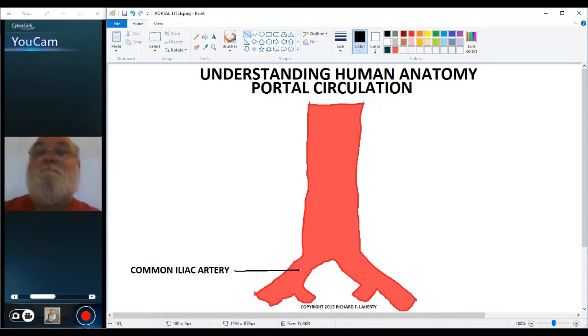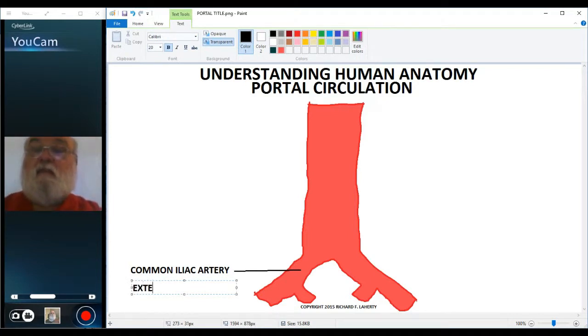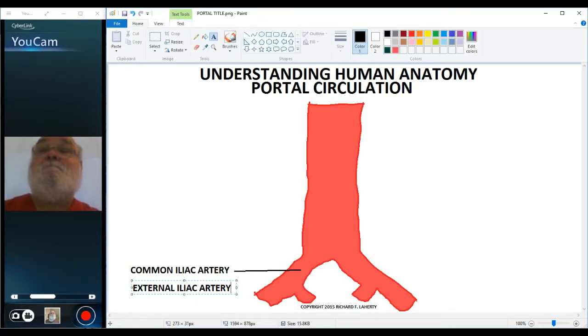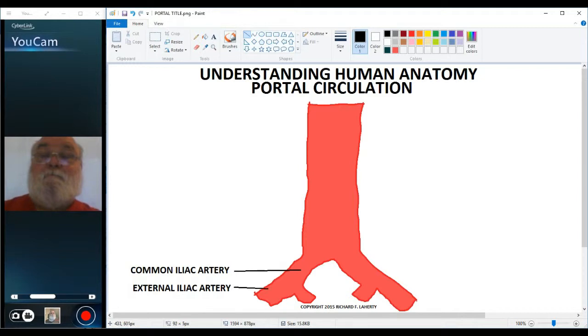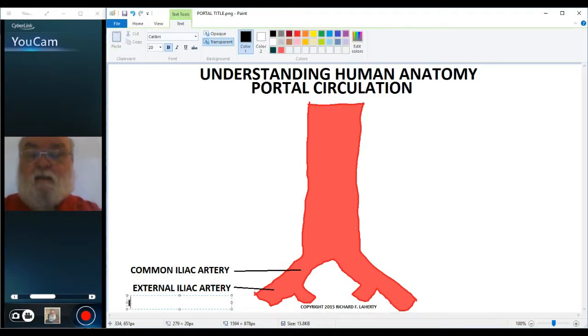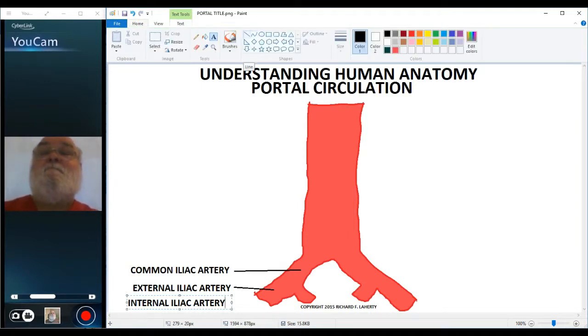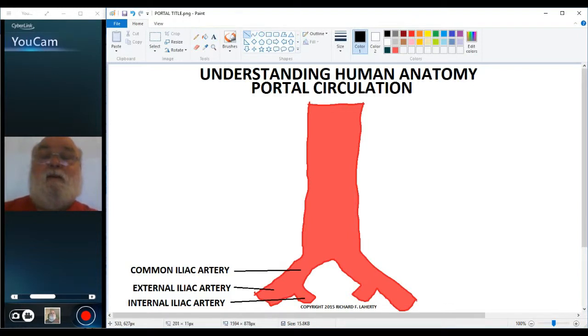Here we have the external iliac artery, and then we have the internal iliac artery, over here.